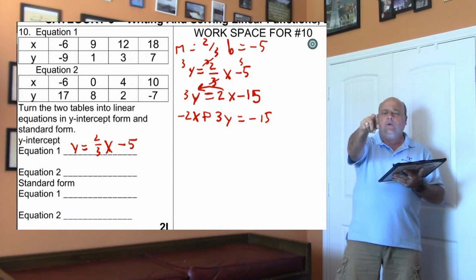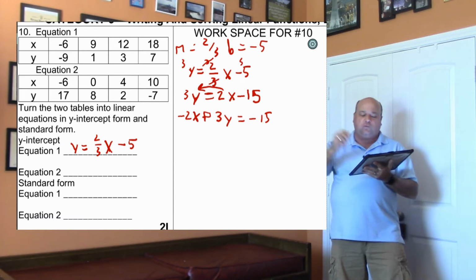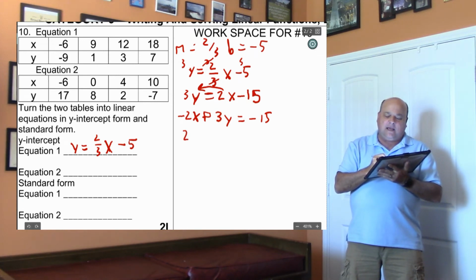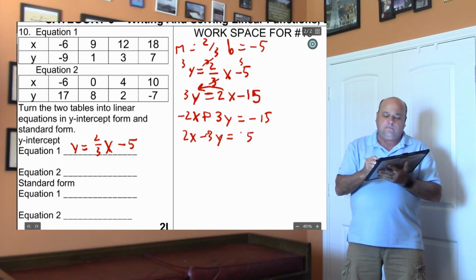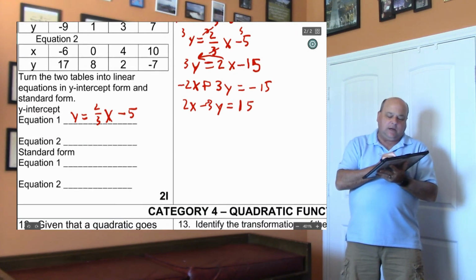Okay, Sophia knew it. The x is negative. The x can't be negative, so I'm going to switch all the signs. So my ax, my standards, is going to be 2x minus 3y equals 15. Boom, that's it. So that's going to be my standard equation. 2x minus 3y equals 15.